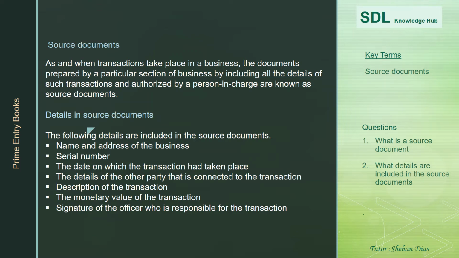The name and address of the business, serial number, the date on which the transaction has taken place, details of the other party connected to the transaction, the description of the transaction, the monetary value of the transaction, and the signature of the officer who is responsible for the transaction.